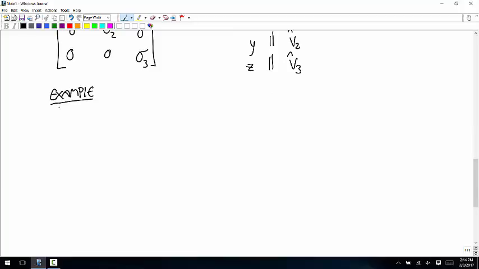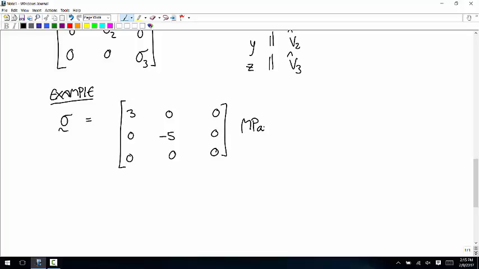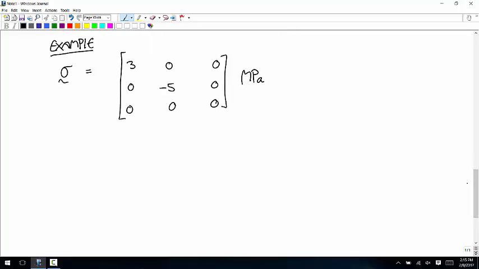Okay, so let's start to think through some of these things. I'm going to start out with kind of a trivial example, but we'll see how it works. Say that our stress tensor is 3, 0, 0, 0, negative 5, 0, 0, 0, 0. So what's the principal stress tensor?